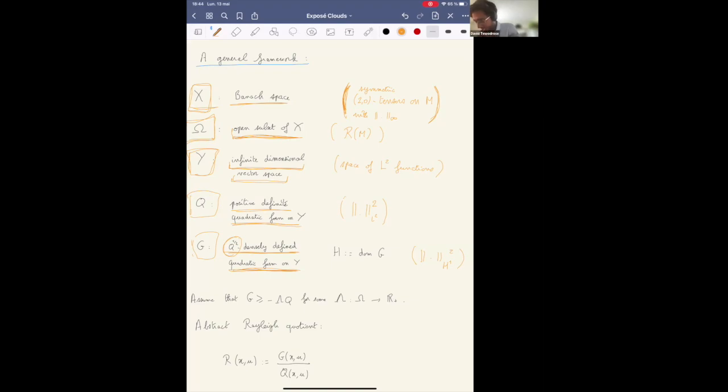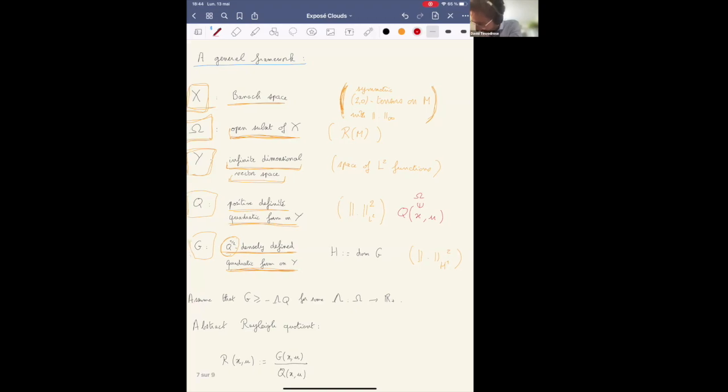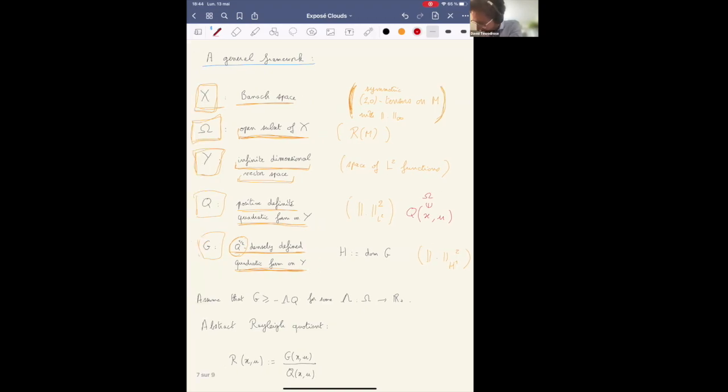And so this Q and G are actually X dependent, where X belongs to omega. So for every X, Q_x is our quadratic form.